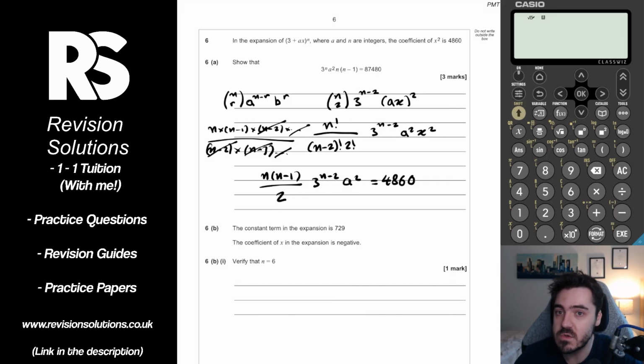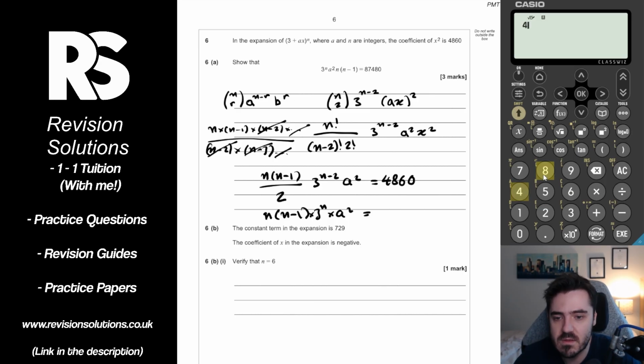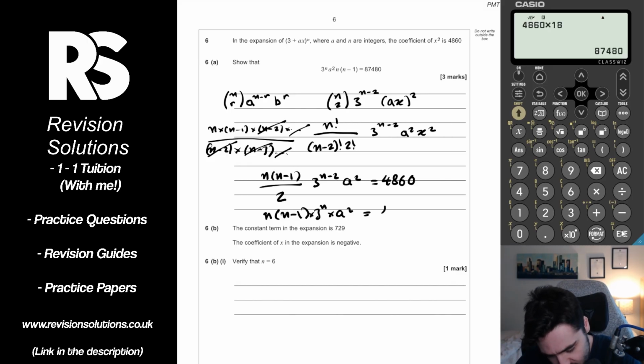So 2 times the 9 as well, that's times 18. So on the left, we'd be left with n minus 1 times 3 to the n times a squared, and then be 4,860 times 18, which does give us the 87,480 they asked for.